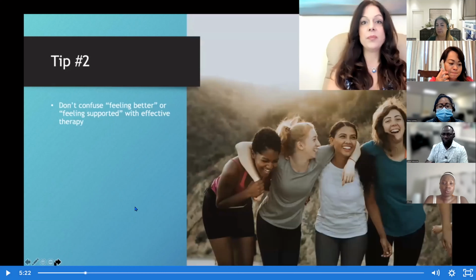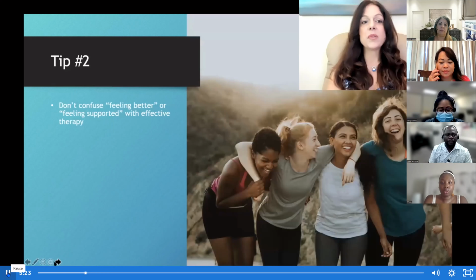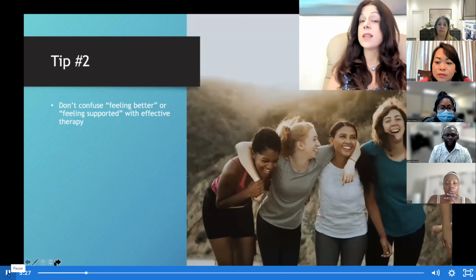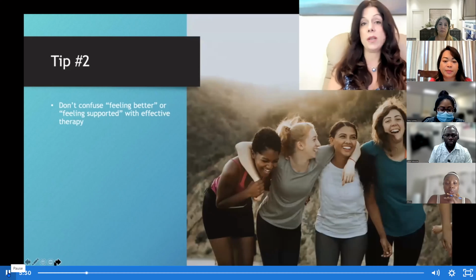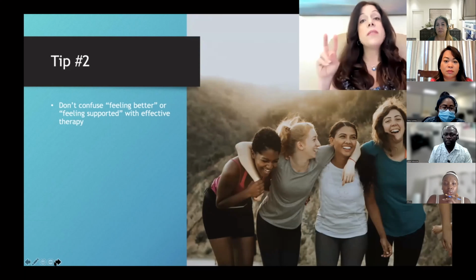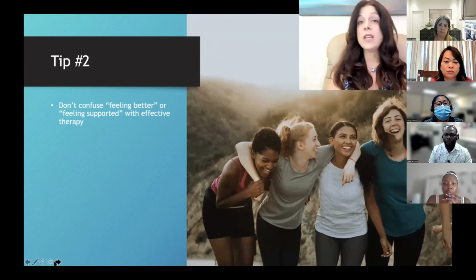So shall we go to point 2? Is that okay? I won't go through the whole tape, but we'll just get a flavor. So number 2 is do not confuse your client saying they feel better or feel supported with being effective therapy, because some of the most ineffective therapy I've ever seen, the clients do feel better at the end of the session and they do feel supported in therapy, but nothing is changing in their life.